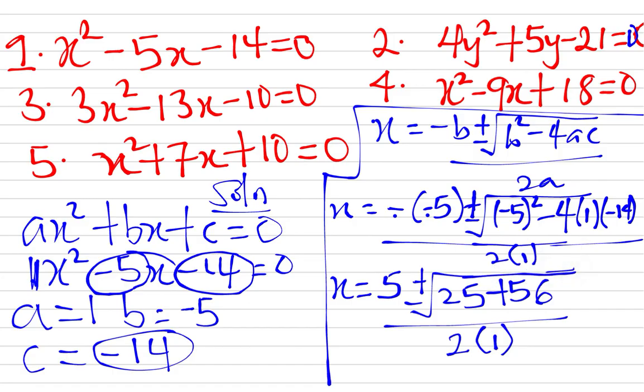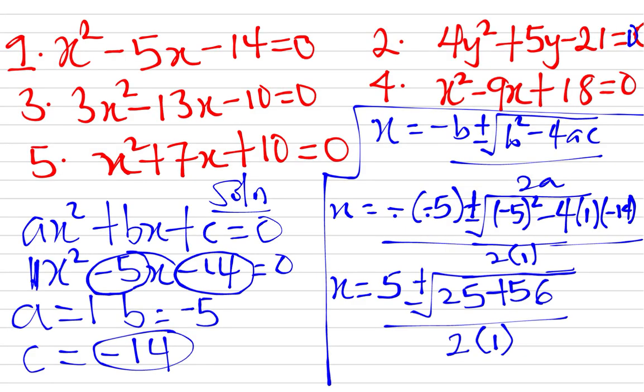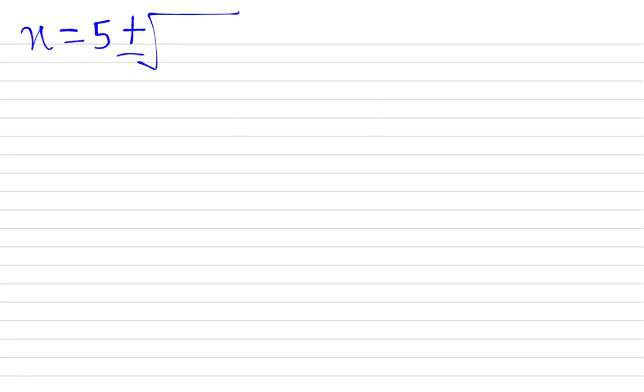So all I need to do now is, we will have x equals 5 plus or minus square root of 25 plus 56. That's 81, all over 2.